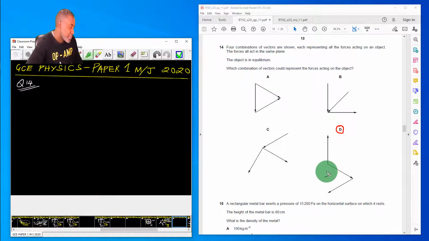This one here, I'm going to slide it back like this, so that this comes here. This one, I slide it back so that it comes here. And this one, I slide it like this so that it comes here.